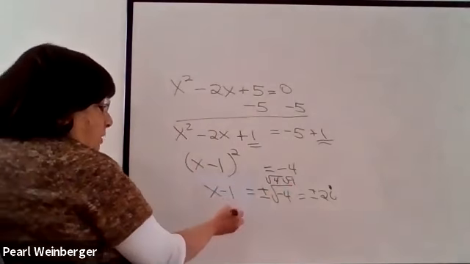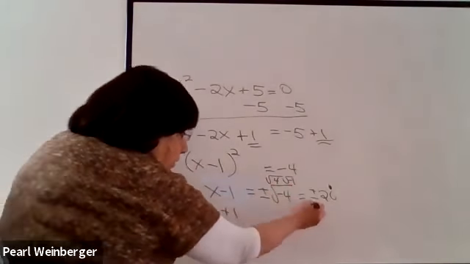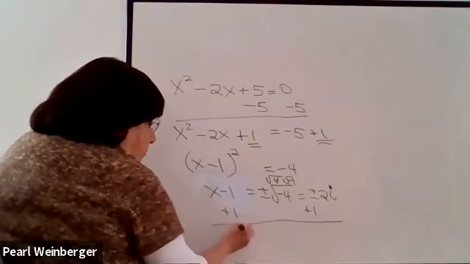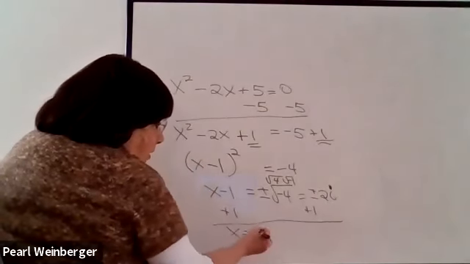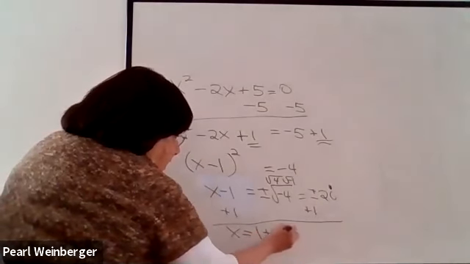And to finish this, I'm just going to bring the plus 1 to both sides. So over here, I'm left with x. And over here, I'm adding 1. I'm getting 1 plus or minus 2i. And I can leave my answer.